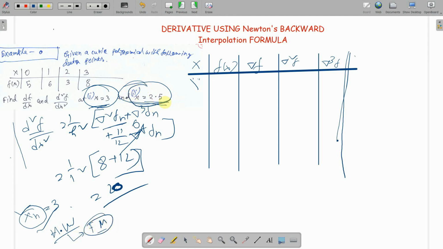Find out df/dx and d2f/dx2 at x equals 2.5 for a similar problem using the forward method. That's your homework, and you will see what difficulties you are facing and whether it is converging or not. Who was asking, by the way? Asin. So you do that, not Asin only, others will also be doing that. Yes, you will be doing this by the forward method.